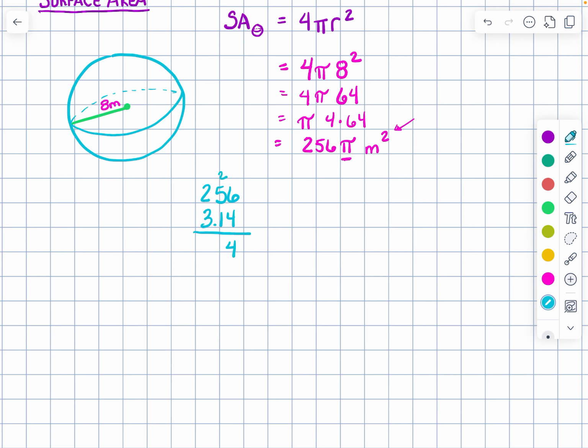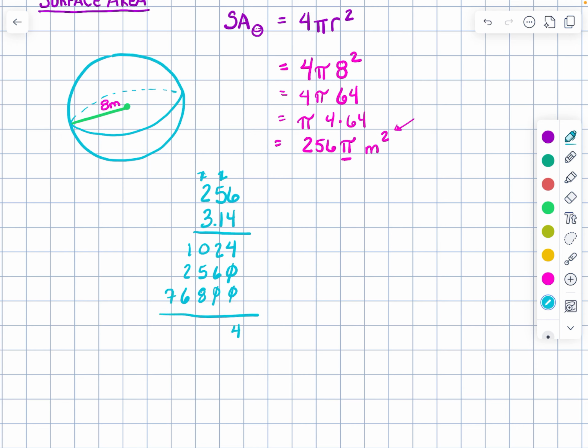4 times 6 is 24. 4 times 5 is 20, that's 22. 2 times 4 is 8, and 2 is 10. 1 times 6, 1 times 5, 1 times 2. 2 placeholders. 3 times 6 is 18. 3 times 5 is 15, and 1 is 16. 2 times 3 is 6, and 1 is 7.